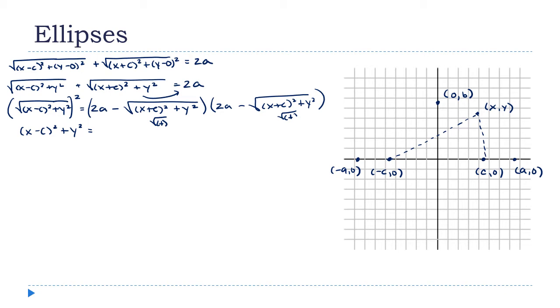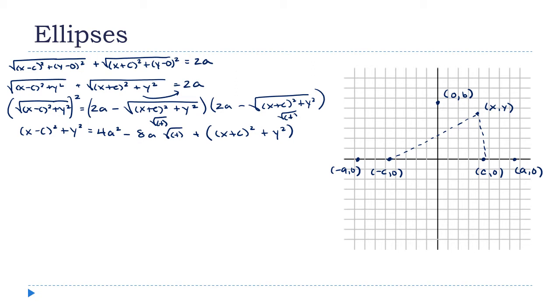So now let's multiply this out. We get 4a squared minus 8a times the square root of the plus thing, minus, and now I've got this x plus c squared plus y squared, those square roots times themselves. So that's going to become plus x plus c squared plus y squared. Okay, now let's multiply out that right-hand parentheses.